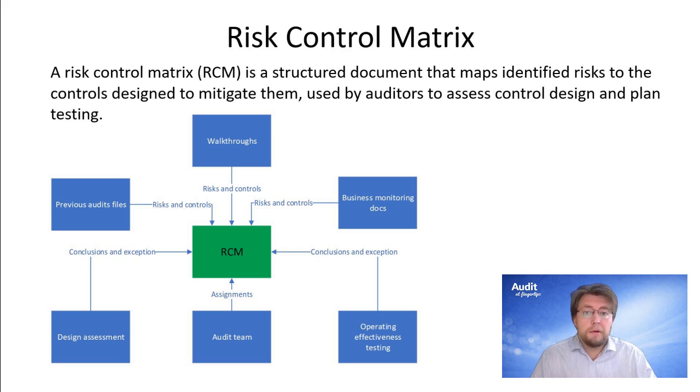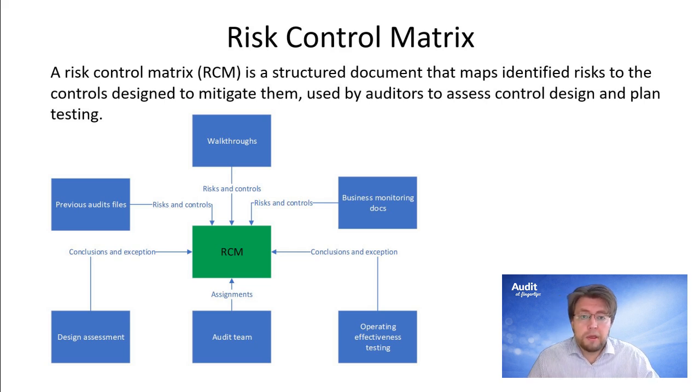However, it's very useful for auditors because if you want to understand what was reviewed, what was covered, and what the audit testing results and assessment results were, you can take just one document. This is the risk control matrix. Of course, your methodology may name it differently and it may have a bit different structure. However, in general, it's the place where we have all important information about the scope collected.